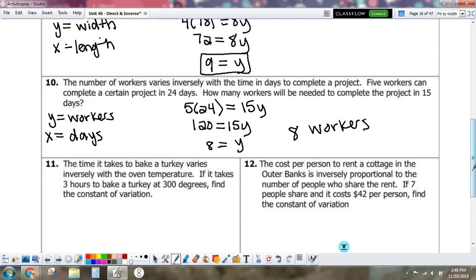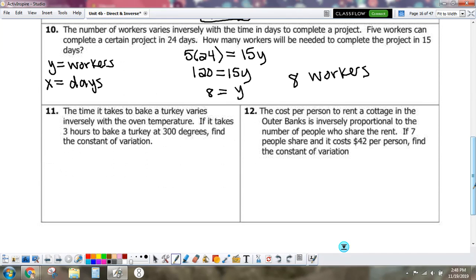Number 11, okay, this is another one. We're just finding the constant. It says the time it takes to bake a turkey varies inversely with the oven temperature. If it takes 3 hours to bake a turkey at 300 degrees, find the constant of variation. So we need to figure out what our y and what our x is. Remember, our y has to depend on our x. So does the time depend on the temperature, or does the temperature depend on the time?